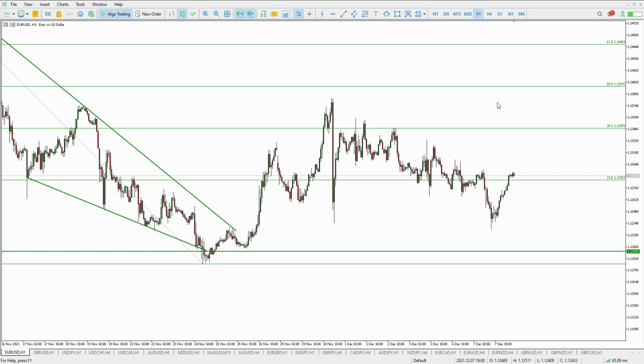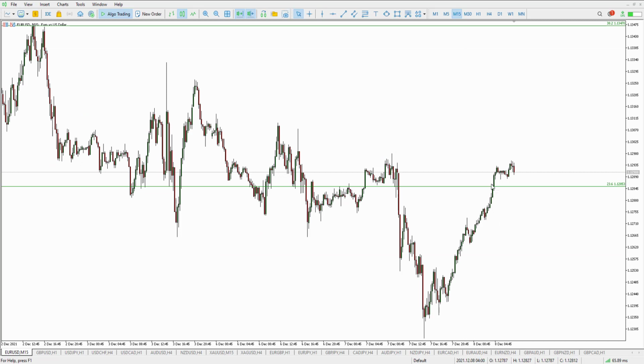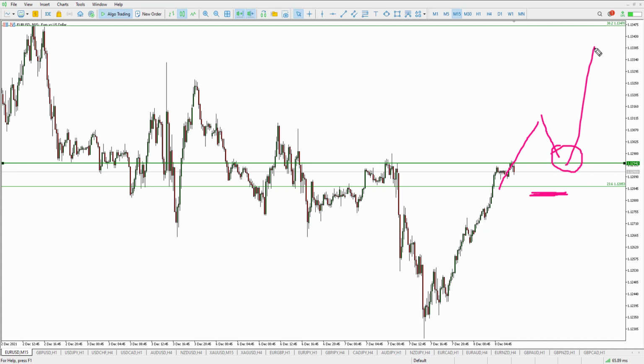Okay, another trading opportunity, oh, by the way, if you're trading on the lower time frames as well, you could be looking for a breakout of this resistance, then a pullback, and in this case you can even use a smaller stop loss, but this is obviously more risky.